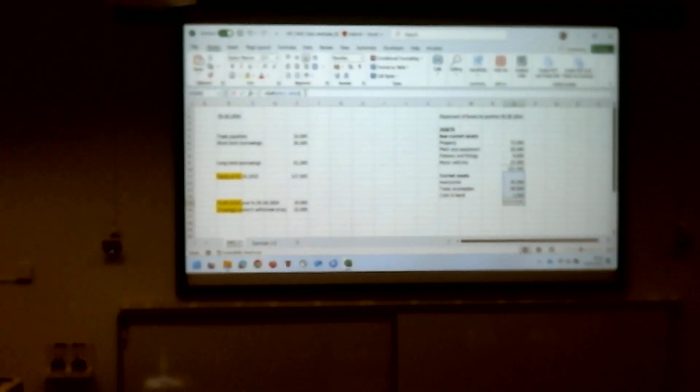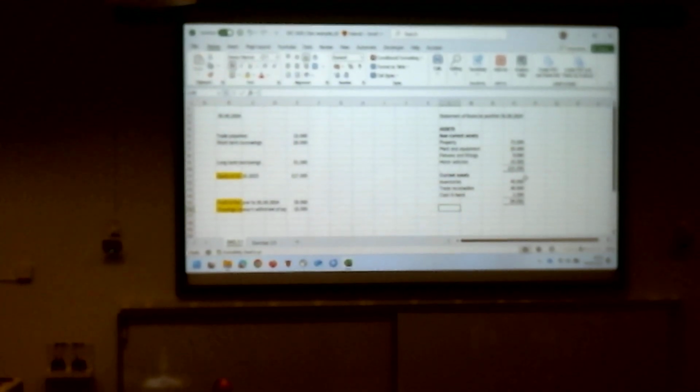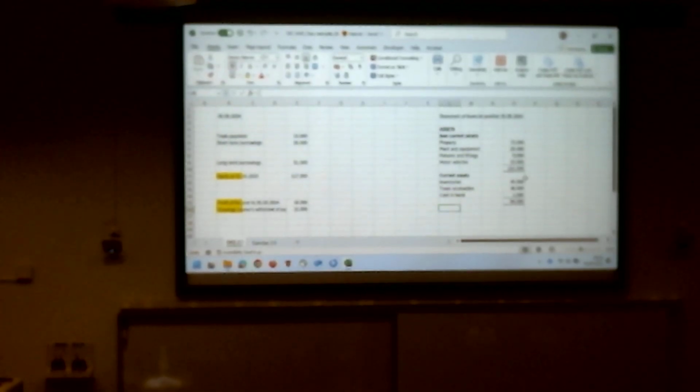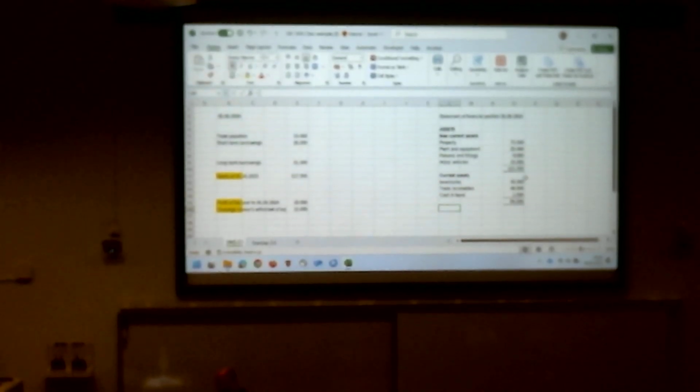So I can again take the sum, and we got this. Okay. So is it standard to list things from least liquid to most liquid? Yes, that's the case, also within these two blocks, non-current and current.